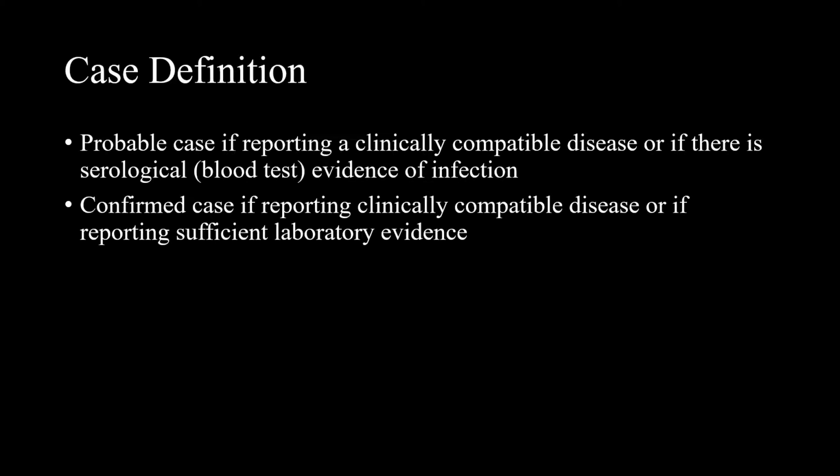Confirmed cases would be if you're reporting, again, that clinically compatible disease or reporting sufficient laboratory evidence. So, like I said, those are kind of confusing and basically the same thing.